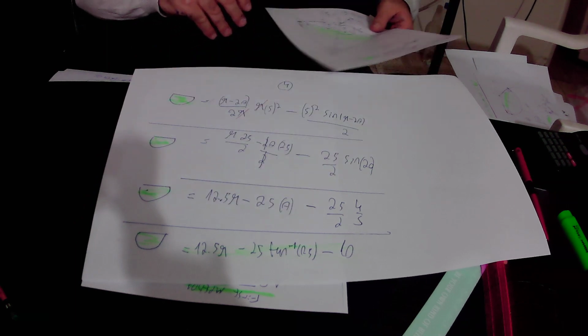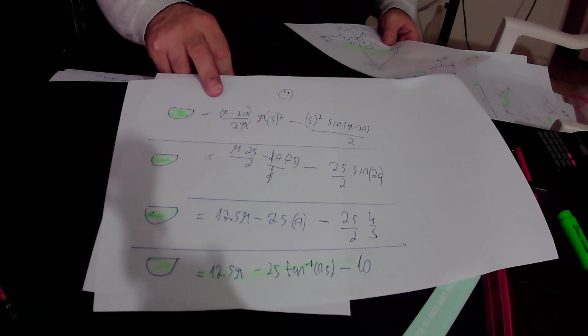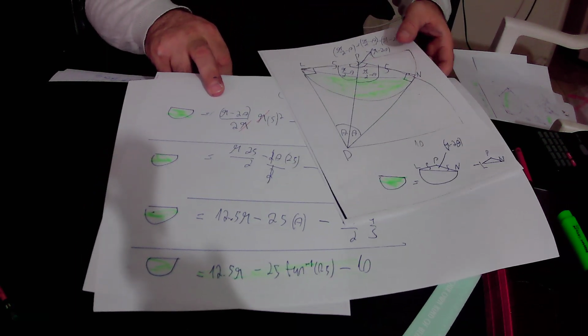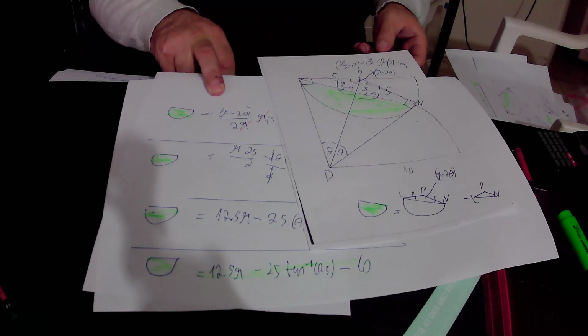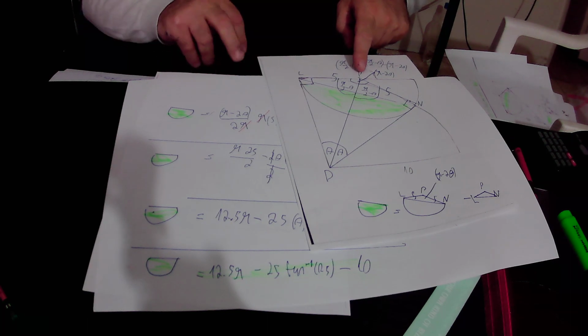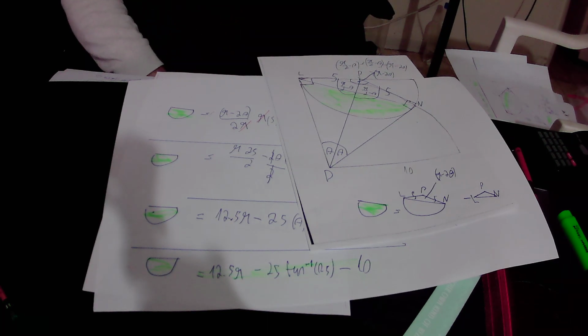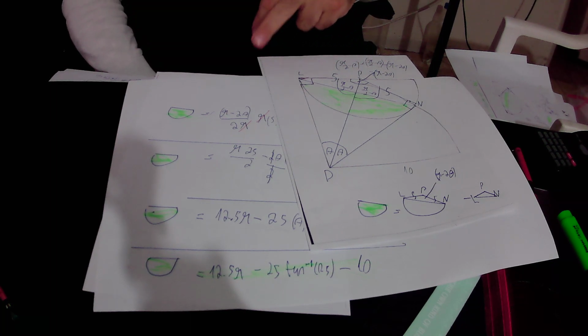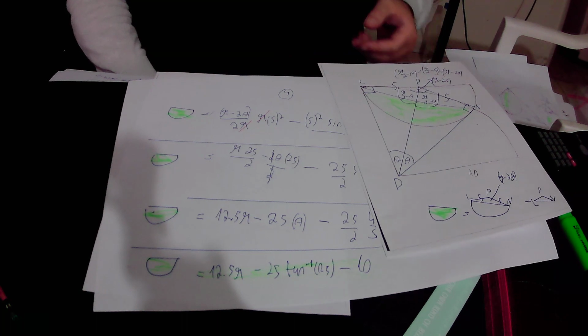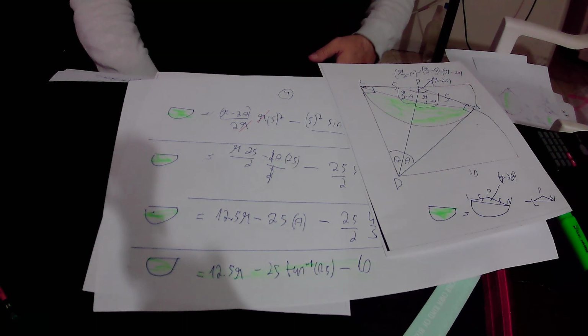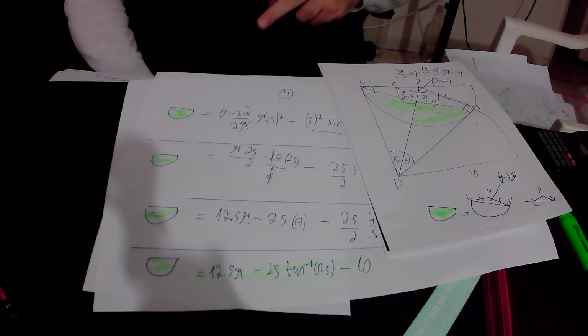Okay, so the area of sector NPL equals, this again equals pi minus 2 theta. So we have to divide pi minus 2 theta by 2 pi, and then multiply it by the area of the circle, that is pi r square, and r equals 5, so it is pi times 5 square.